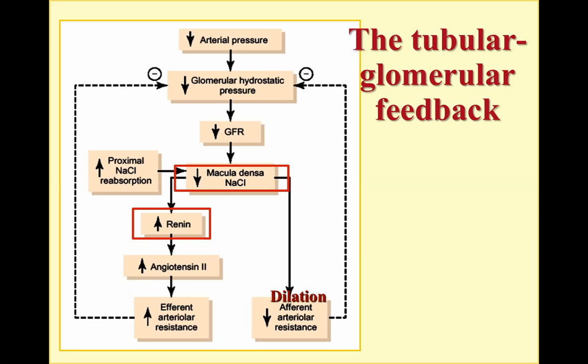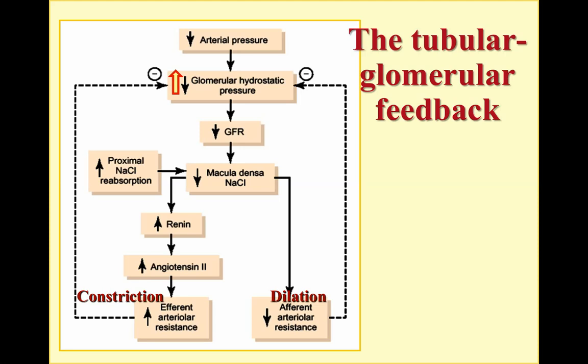Then, in response, the cells of macula densa produce the dilation of the bringing, afferent arteriole, and they stimulate the juxtaglomerular cells to release renin, which in turn produces a number of events where angiotensin is finally produced and produces higher resistance, constriction of the efferent arteriole outgoing from the glomerulus. And both these changes of arterioles contribute to higher pressure and therefore higher glomerular filtration rate.